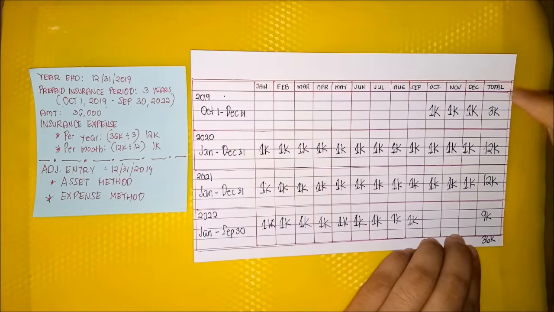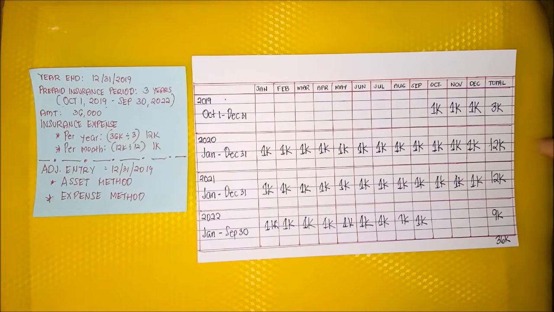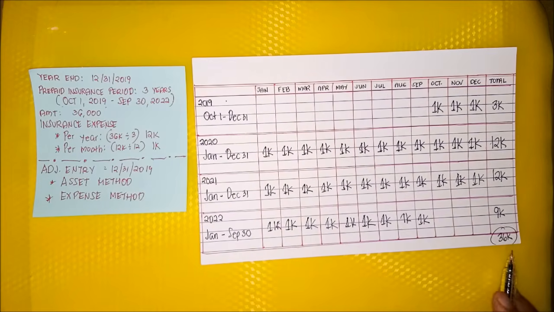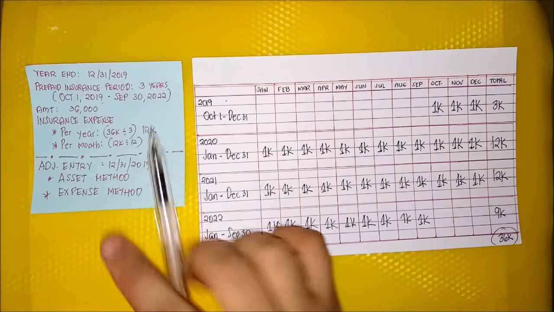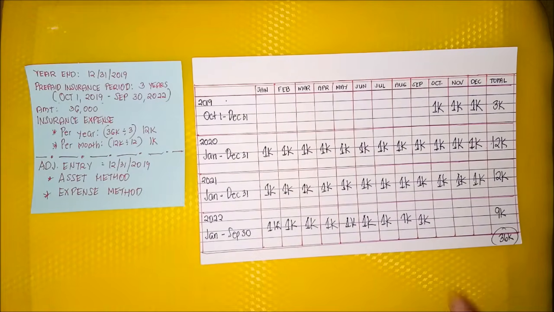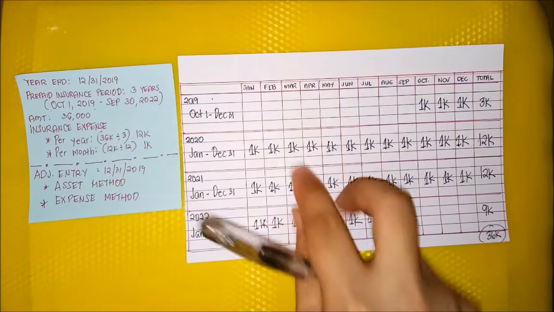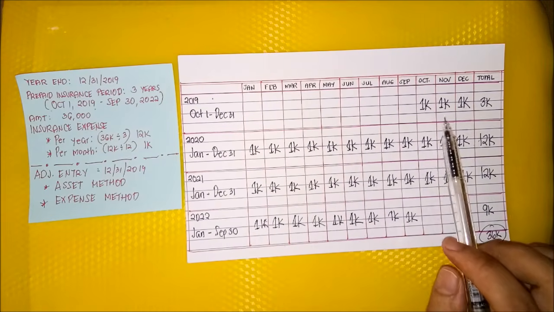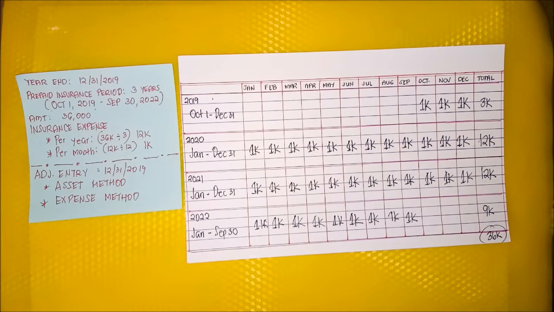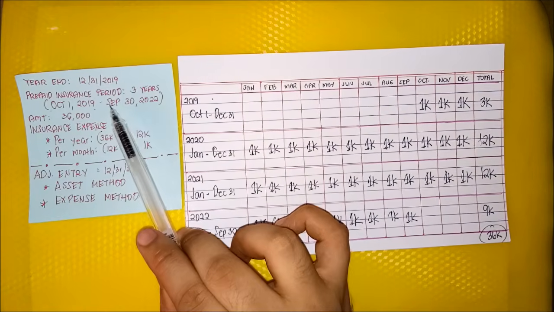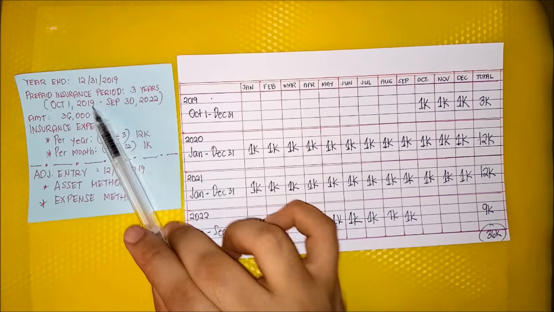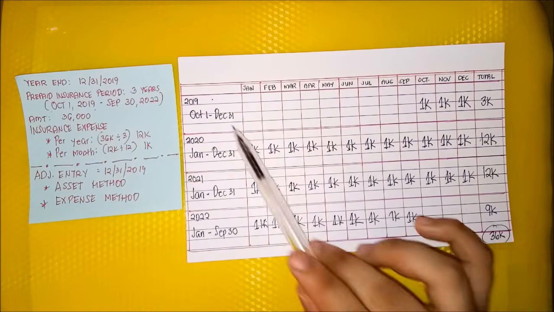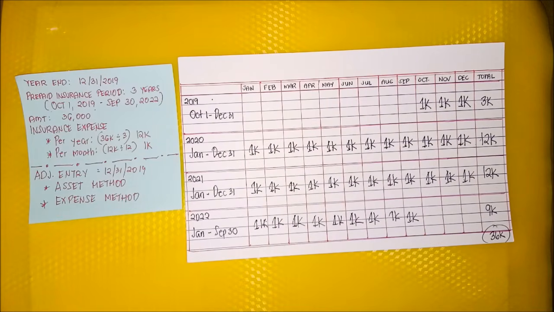Total expense from 2019 hanggang 2022 is 36,000 pesos, which is equal doon sa amount ng prepaid insurance na binayaran in advance. So, itong computation na to, ito yung schedule o kung paano i-allocate yung insurance expense or yung prepaid insurance na in-acquire ni entity nung October 1 with a period of 3 years. Ganito yung magiging allocation schedule niya from year 2019 hanggang year 2022.